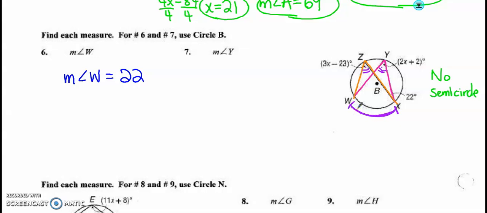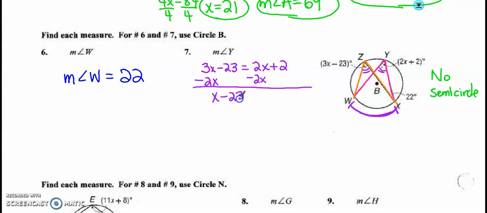So to solve for Y, we're just going to set 3x minus 23 equal to 2x plus 2. And then you're just going to solve your algebra for x. x minus 23 is 2. Add 23.